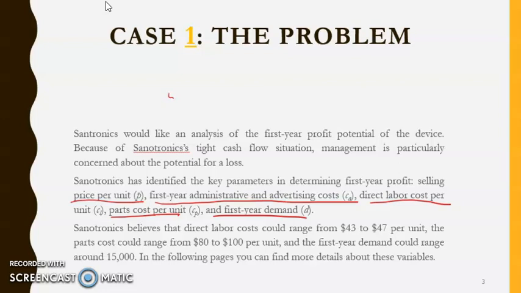P as the price per unit, that's the selling price, administrative and advertising cost, CA, C for cost and A for administrative, direct labor cost, CL, part cost, CP, and demand, that is D. With these 5 parameters, it is asking you to write a formula that can calculate the profit of this company at the first year, because all these things relate to the first year.